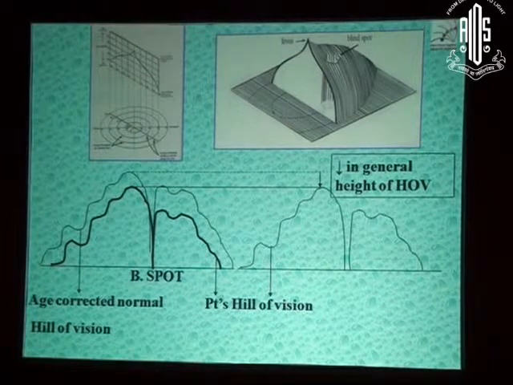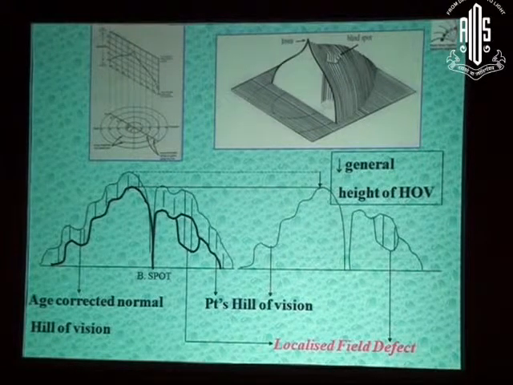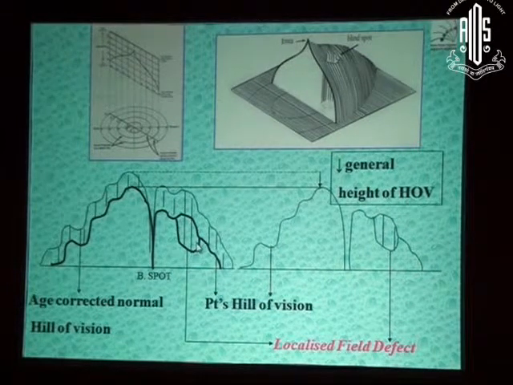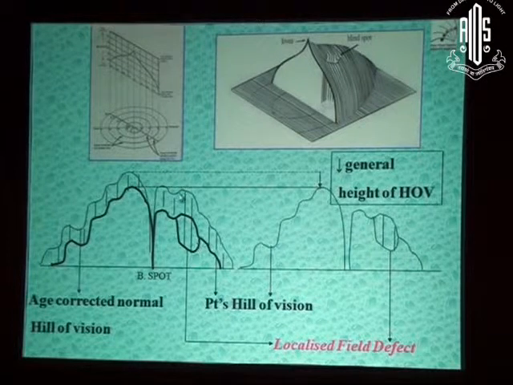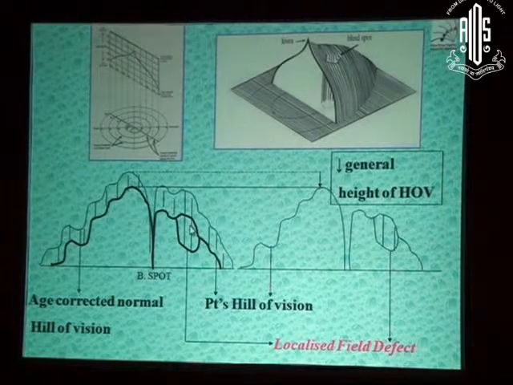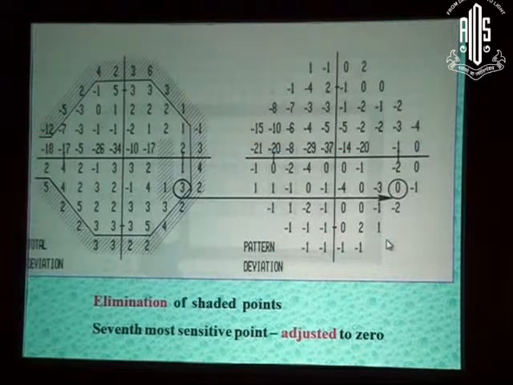So you can see the patient has a generalized defect. But if the patient has a localized defect here in addition to the generalized defect, how will you get it? You need to subtract the generalized defect from this hill of vision, and then you will get this localized defect. That is done statistically in the pattern deviation plot.